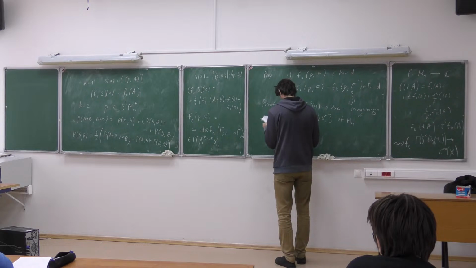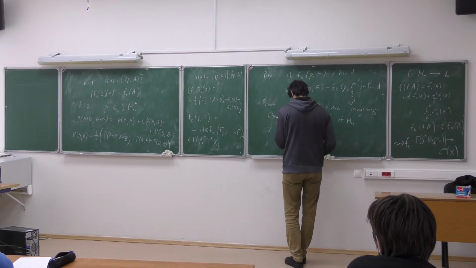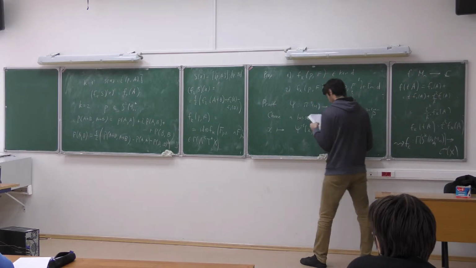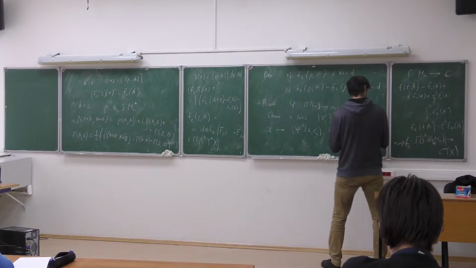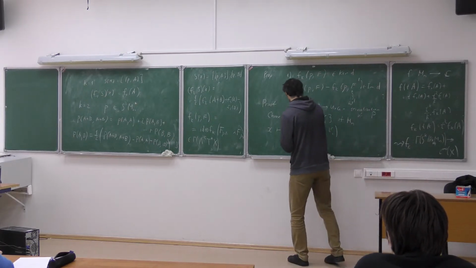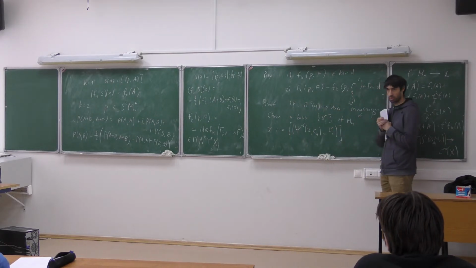It's x goes to psi inverse of x, e, g, v_i, and this gives me a pair, and I consider the equivalence class of this pair.